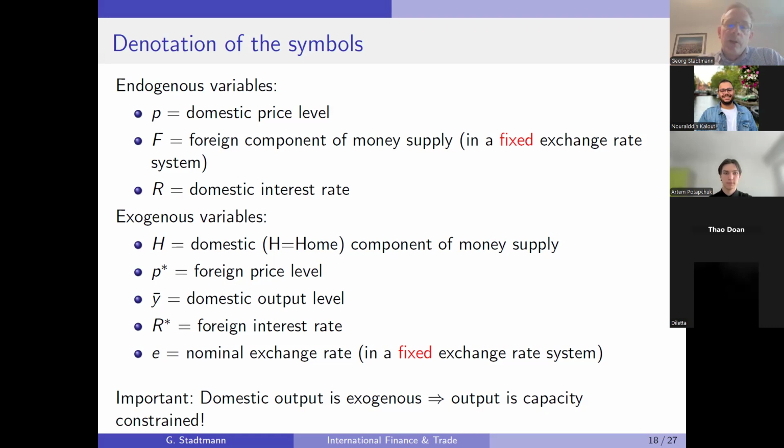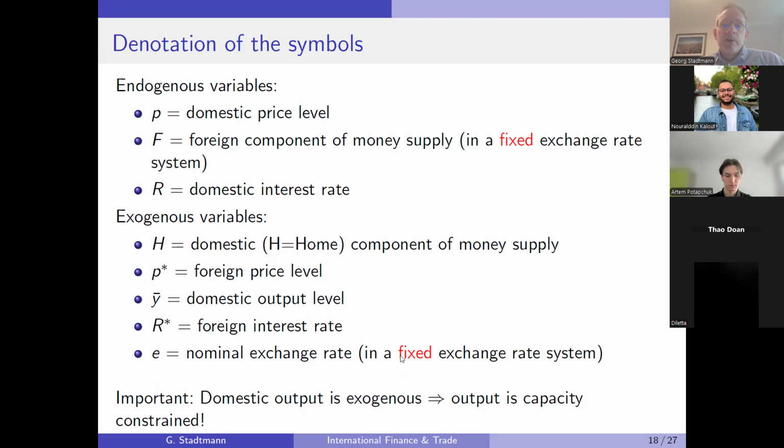The exchange rate will not change, and therefore the nominal exchange rate is exogenous. One variable is missing on this list of exogenous variables. I just realized that government spending, the G variable, is missing here. So government spending is also an exogenous variable.